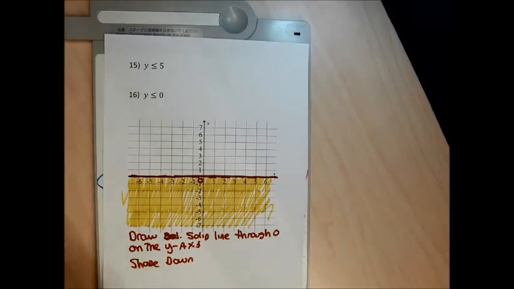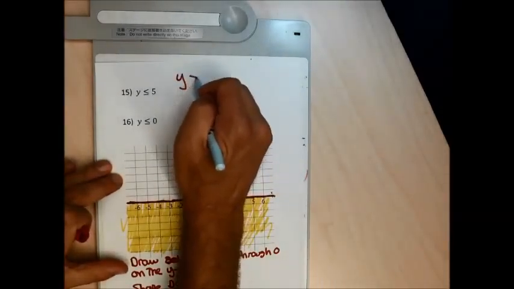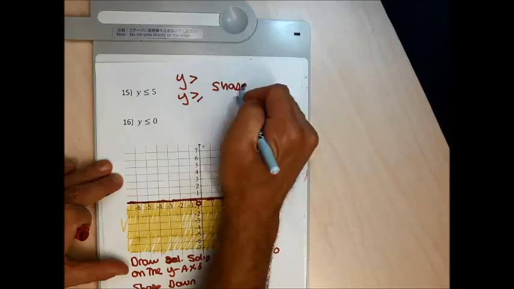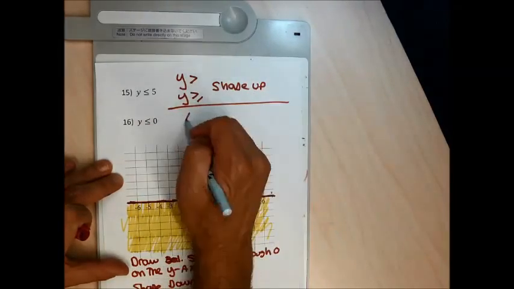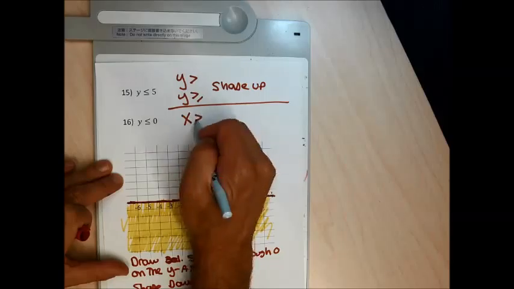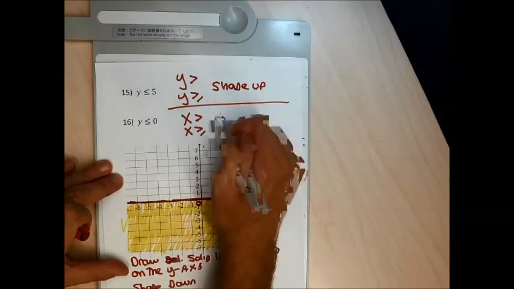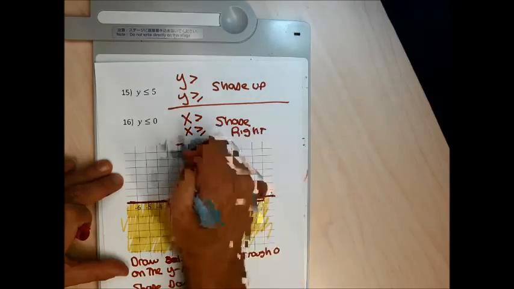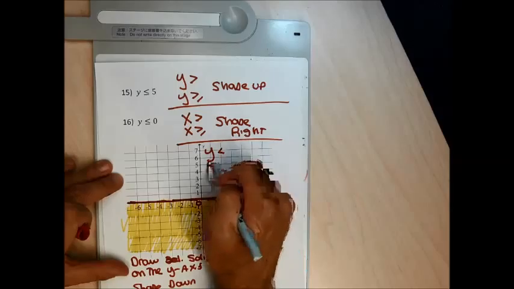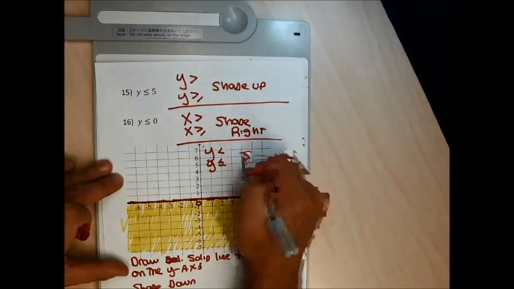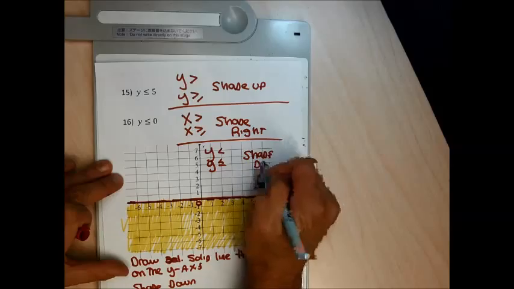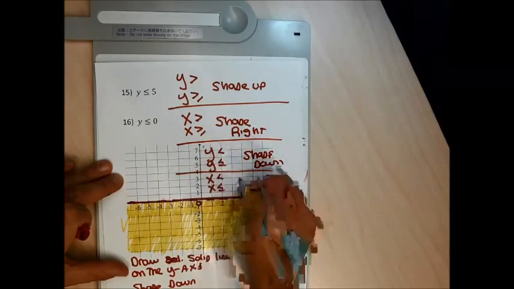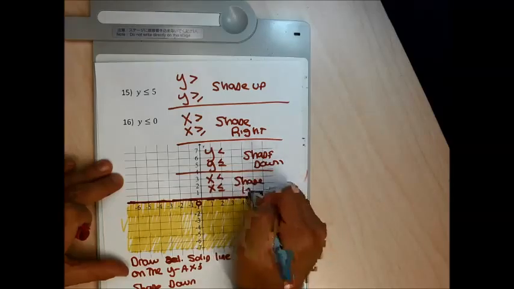For y's with greater thans or greater than or equal to, you're going to shade up. For x's with greater thans or greater than or equal to, you're going to shade right. For y's with less thans or less than or equal to, you're going to shade down. And for x's with less thans or less than or equal to, you're going to shade left.